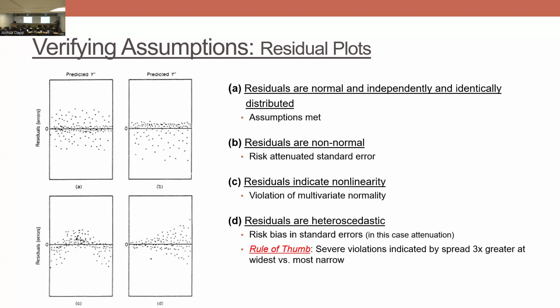Okay. So again, we're looking at heteroscedasticity. It doesn't have to be identical across the whole thing. What we're looking at is something about 3 times greater at the widest than at the most narrow, recognizing that this is the widest and the most narrow, we have reasonable representation, right? You wouldn't want to catch a sort of bald spot in your data and say, well, there's only this much variability there.